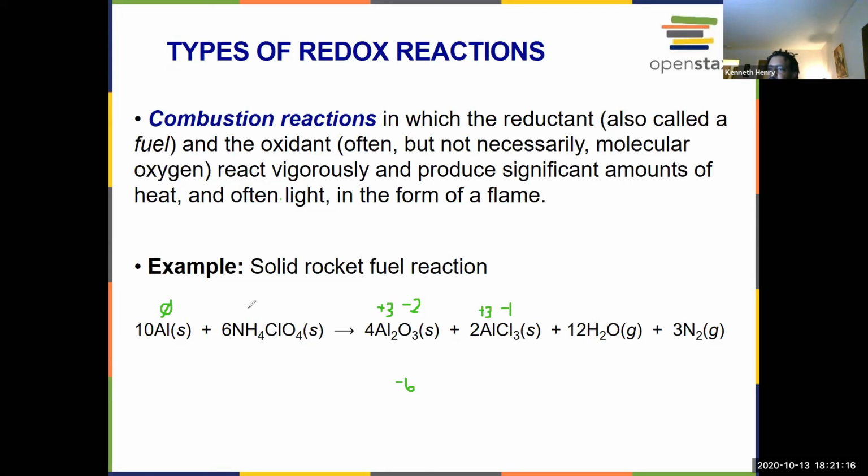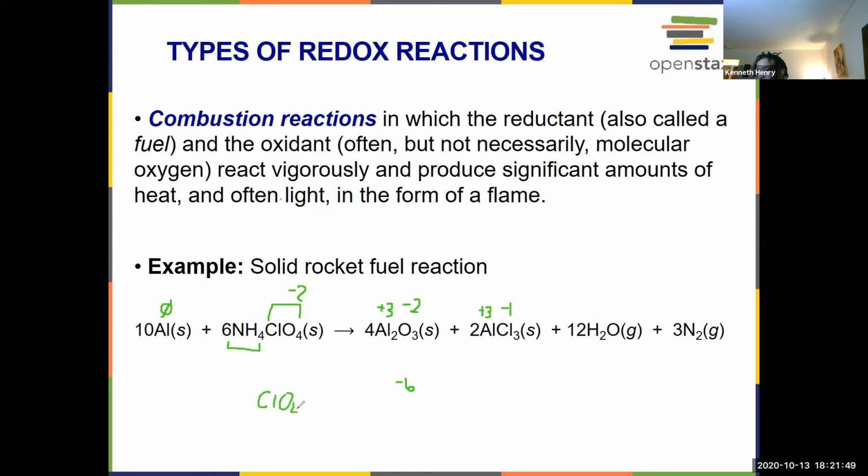Let's come over here. We have 2 ions, this ion and this ion, so we should probably break those up. What is the oxidation number for the oxygen? -2. So what is the charge on ClO4 minus?